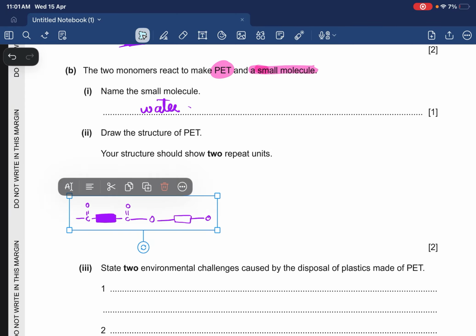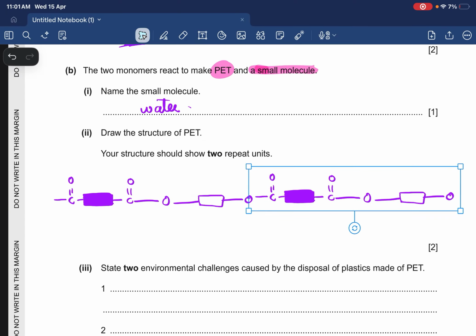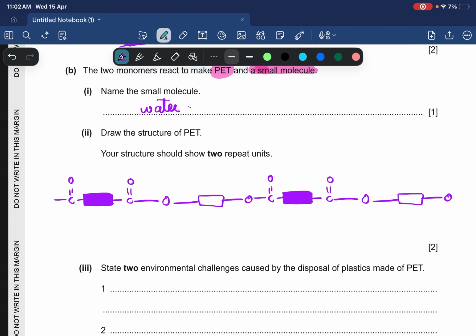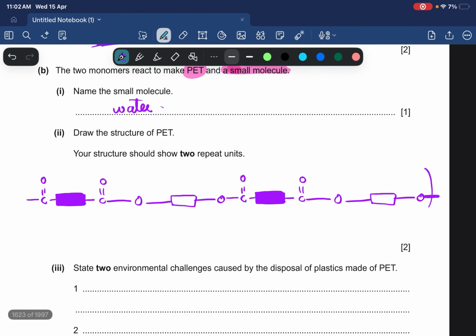One repeat unit. Another repeat unit. Done. Extension bond here. Close it from here if you want. If you don't want, don't. And you are done. That's all.